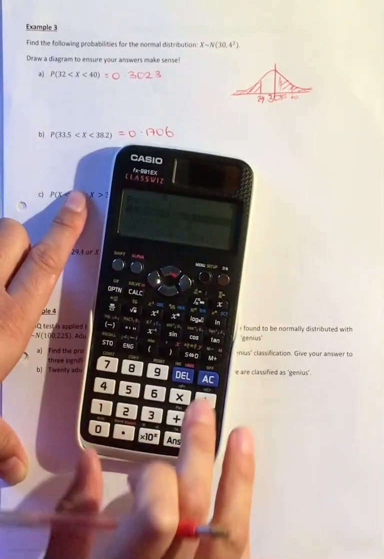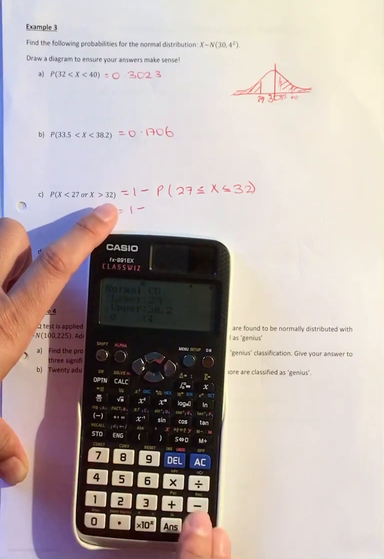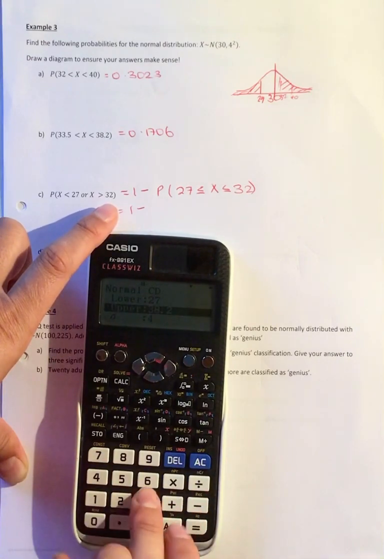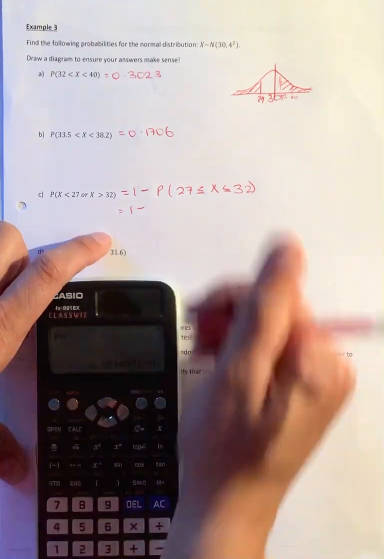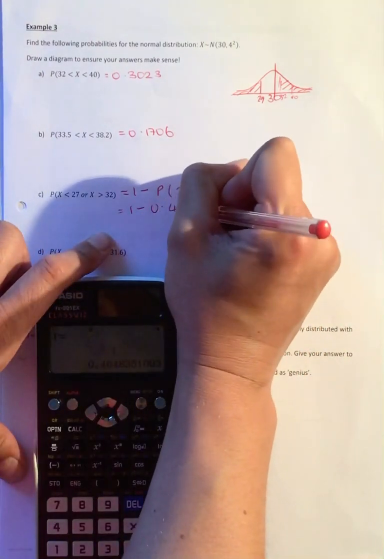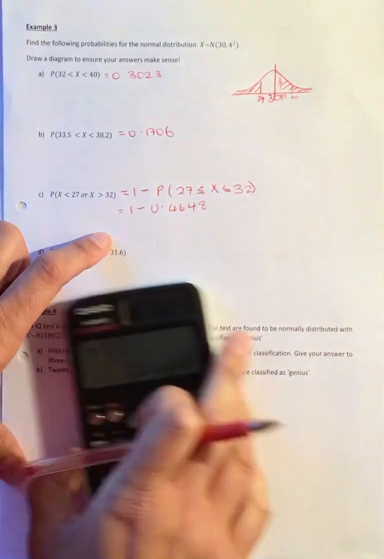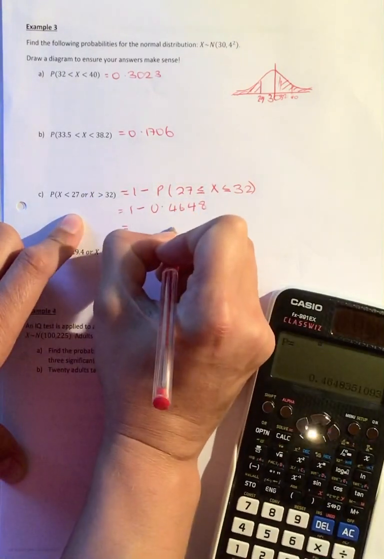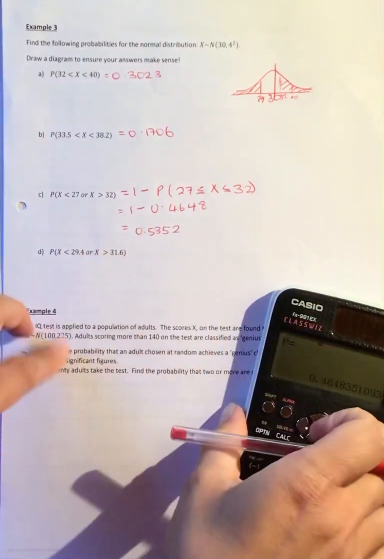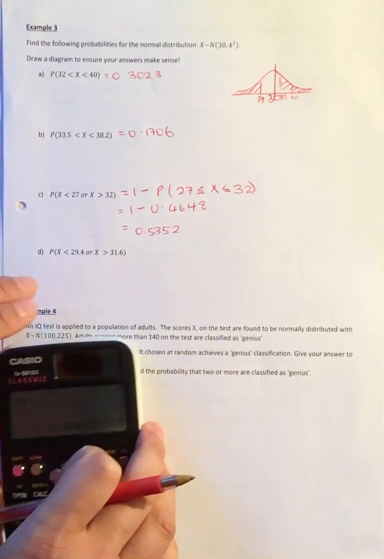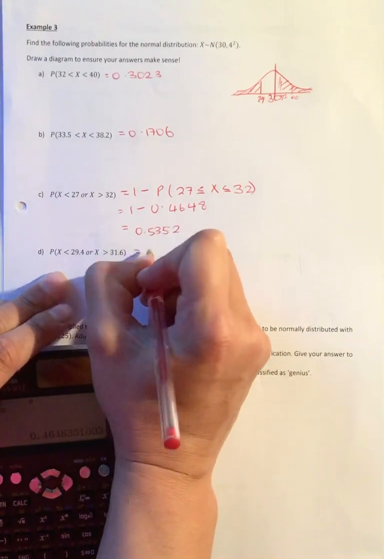And that would save me having to do two things on my calculator. So I'd do 1 minus the number that I get with a lower of 27 and an upper of 32. And we get 0.5352. And we can do the same for this one here as well.